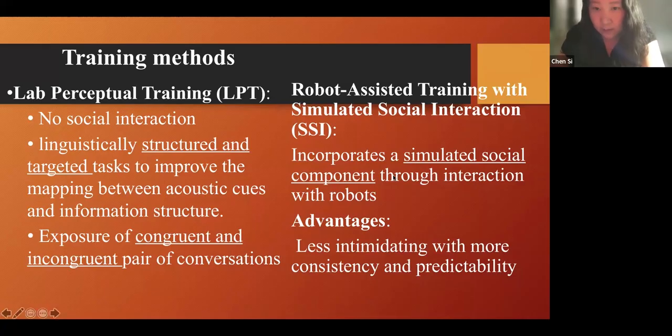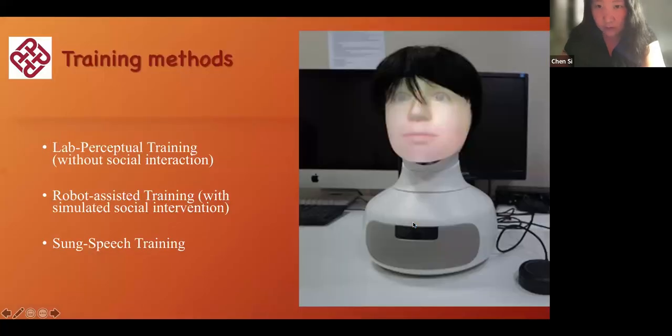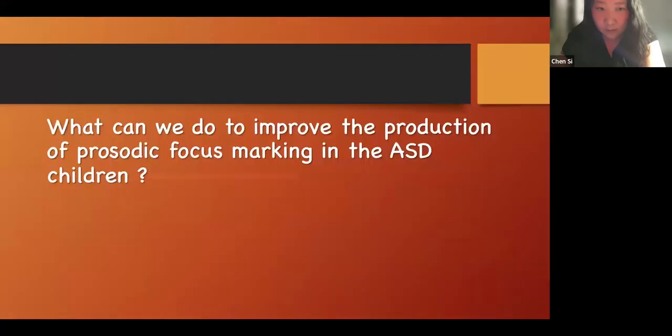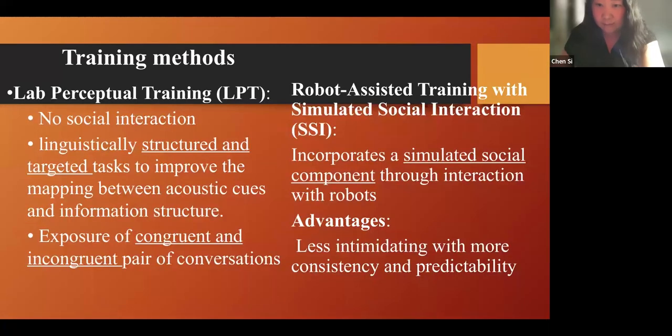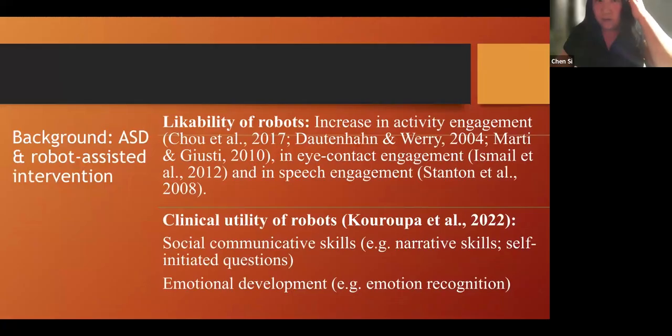The advantages of using robots have also been found: usually robots are more predictable, so we can design and program them to be relatively consistent and predictable. In that way, autistic individuals might find the robots less frustrating to interact with.